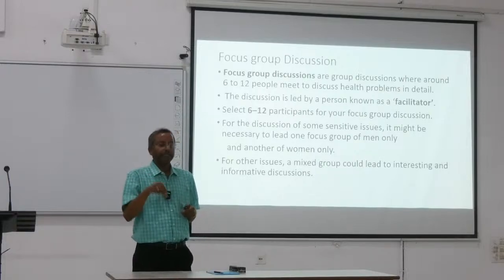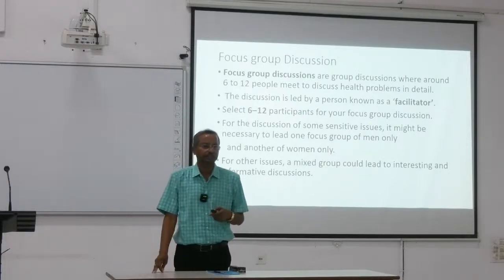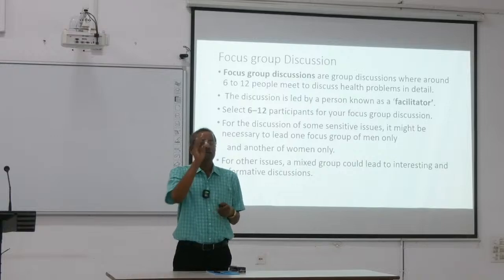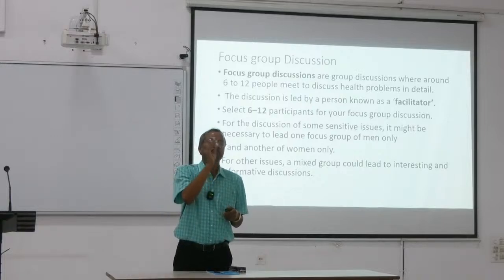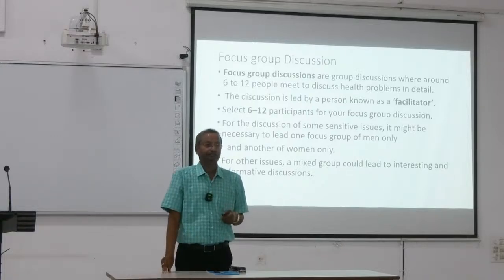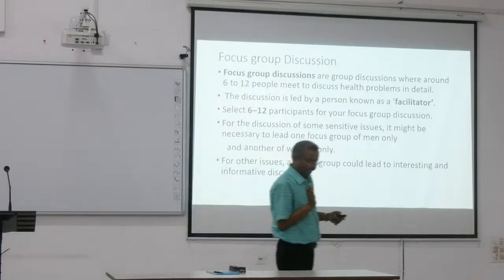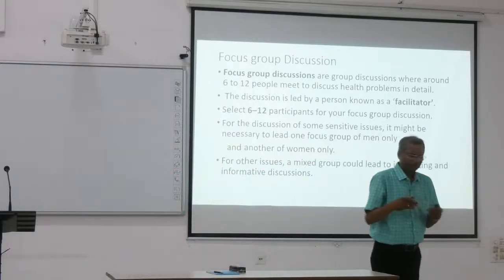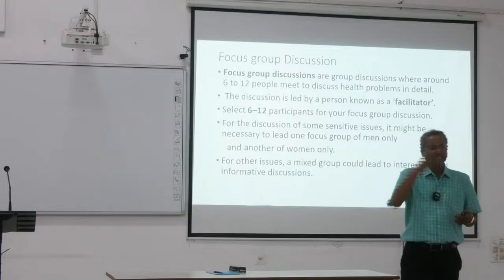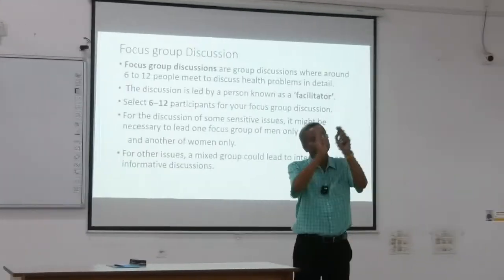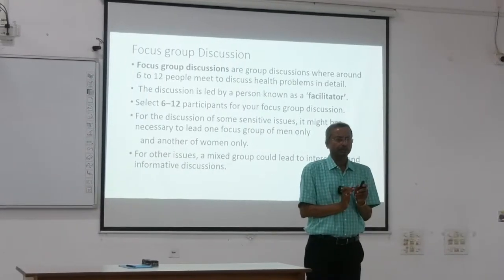Then you can conduct focus group discussions with a focus group guide. You can prepare a guide consisting of a minimum of 8 questions, ideally 10 questions, maximum 12, covering the whole topic.